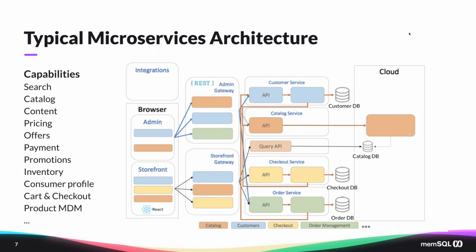And you'll see customer, catalog, checkout, order as those backend services. And they often have their own persistent store, in this case, a customer database for the customer microservices, a catalog for the query API to query a product catalog, and checkout services for creating an order.